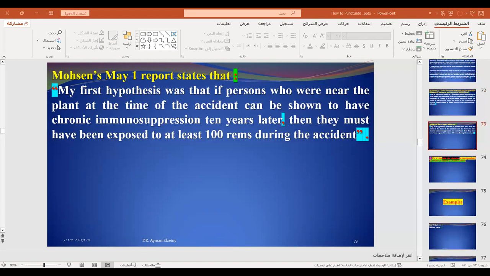To identify what Mohsin wrote in his 1st of May report: My first hypothesis was that if a person who was near the plant at the time of the accident can be shown to have chronic immunosuppression 10 years later, then they must have been exposed to at least 100 rems during the accident.